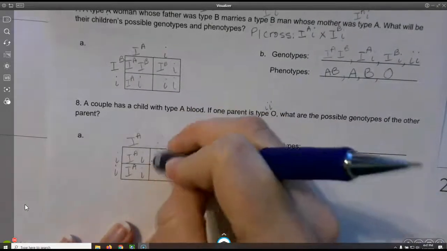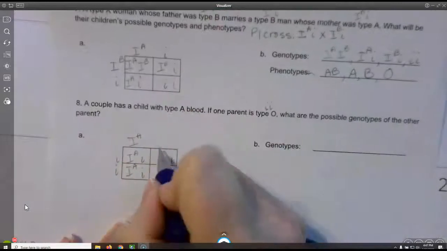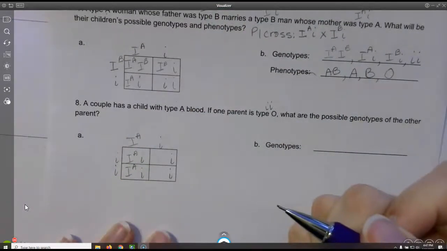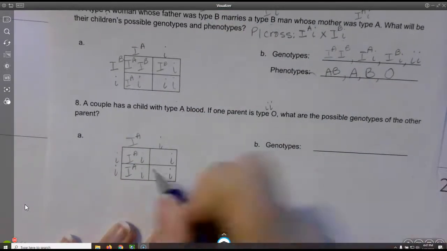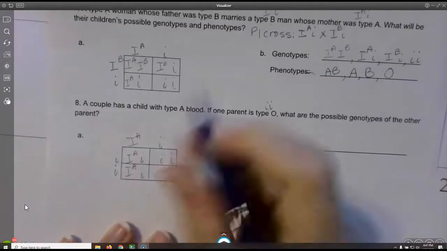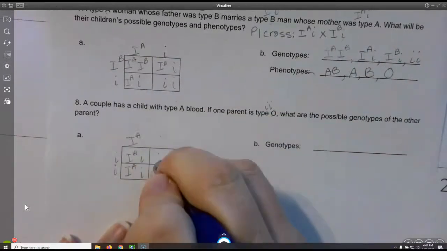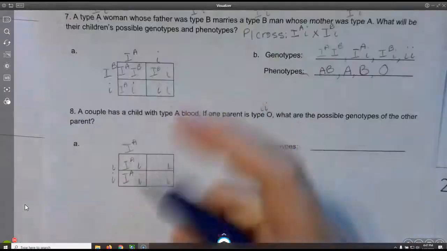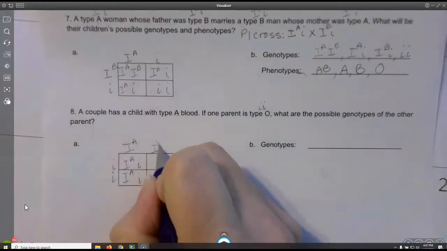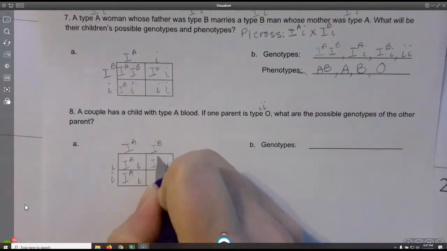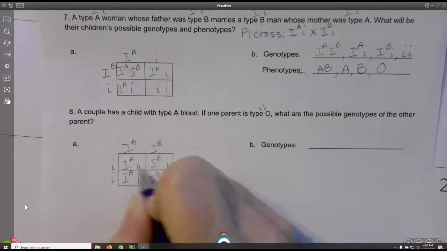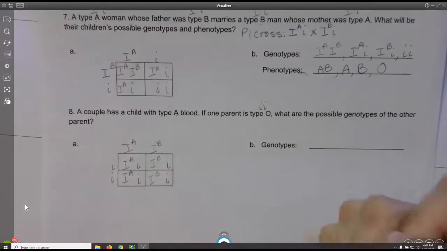But she could also be heterozygous, right? Or the second parent could be heterozygous, because that will still give you this chance here. But parent 2 could also be AB, because it still gives you the chances of having IA.